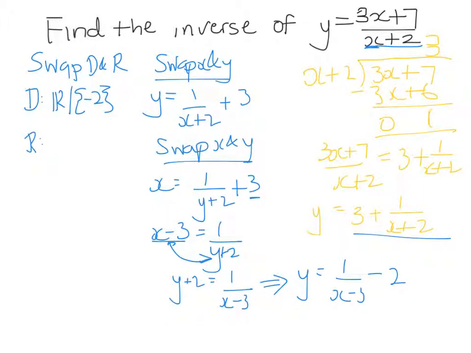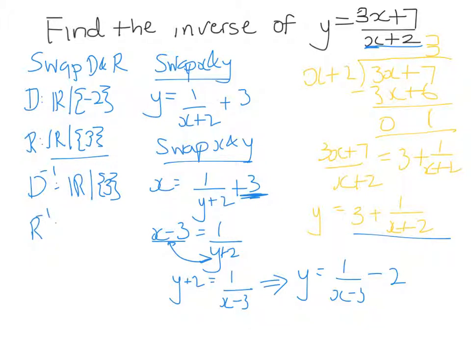Now the range is everything except 3, so all real numbers except for 3. The domain of the inverse would be swapped over from the range of the original. So the range of the original would become the domain of the inverse, and the range of the inverse would become the domain of the original.